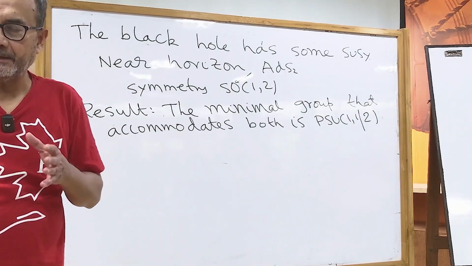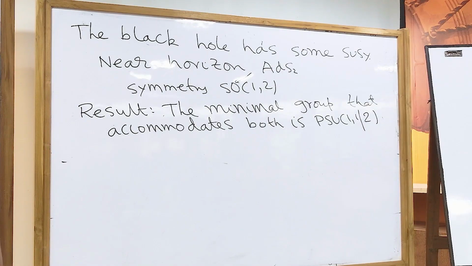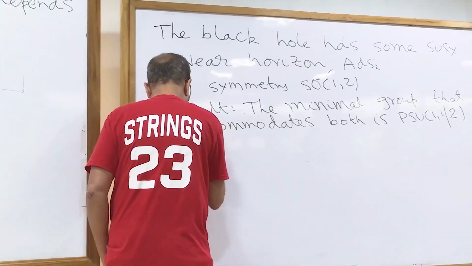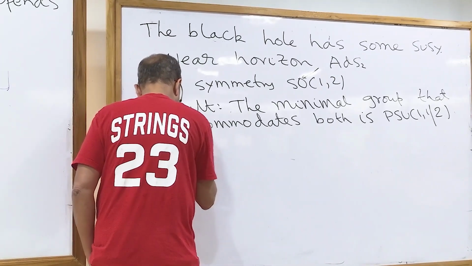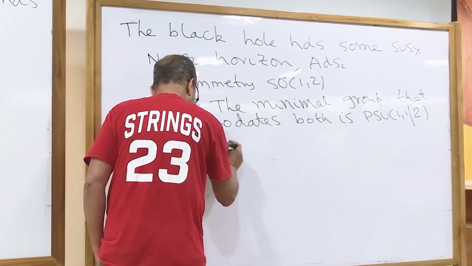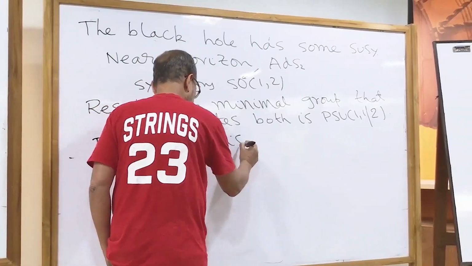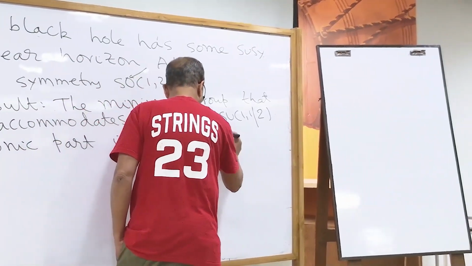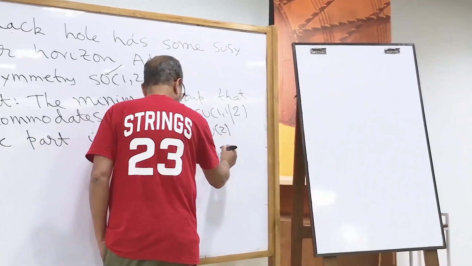But the important part that we need is that the bosonic part of the symmetry group is SO(1,2) times SU(2). And this is the rotation.